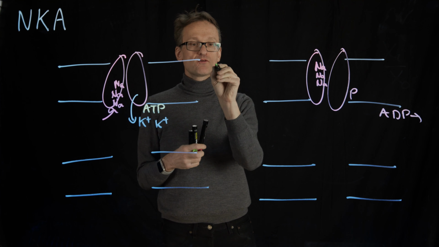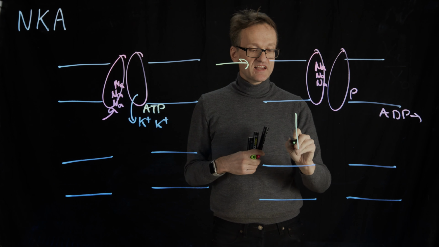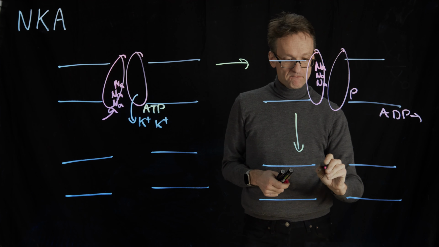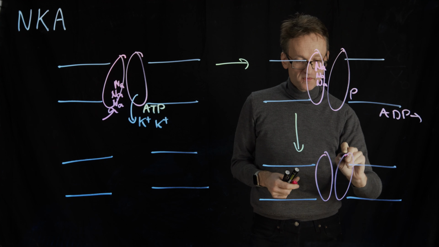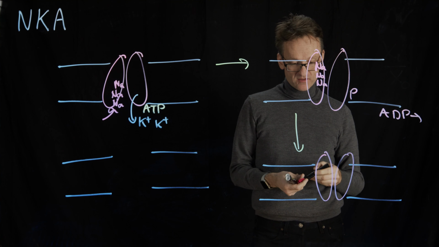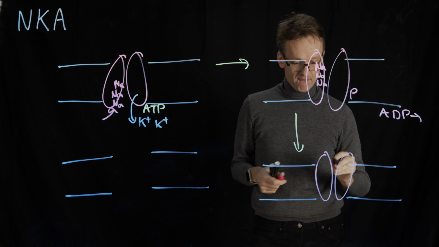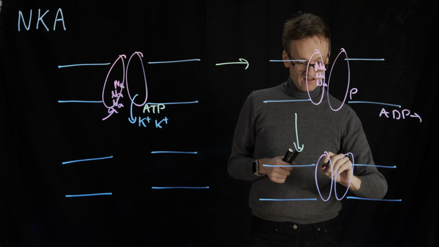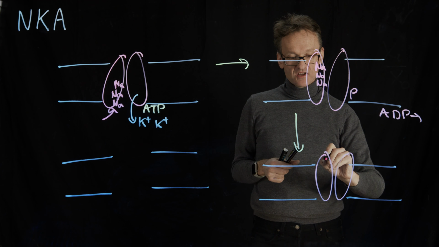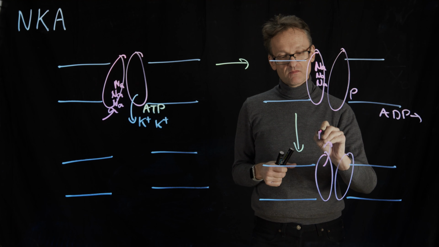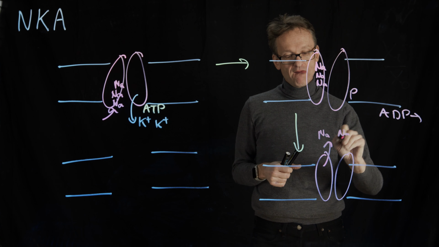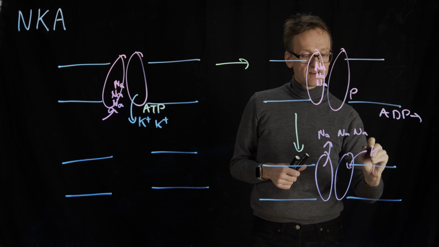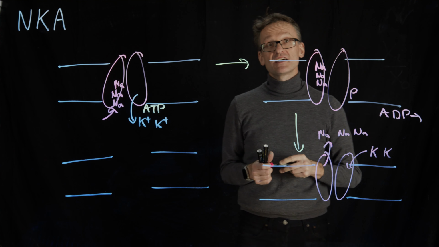Let's draw an arrow there. Next, we're going to go here. Now I'm still open to the outside, but when I am open to the outside here, what's going to happen is that I will release my 3 Na, and I will bind 2 potassiums.